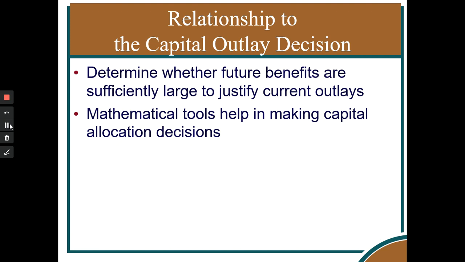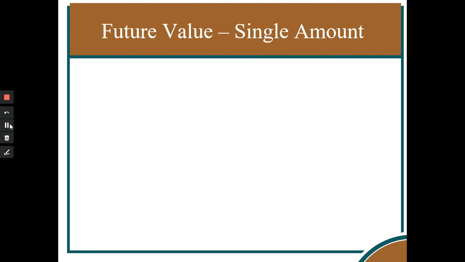The capital outlay decision is usually, if you want to invest in an asset, let's say you're buying a piece of land or property, how it can give future benefit for the company or yourself.